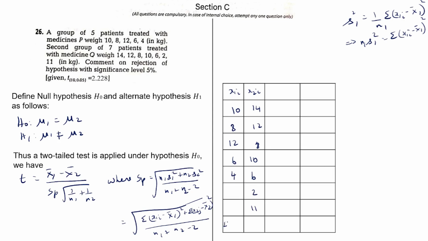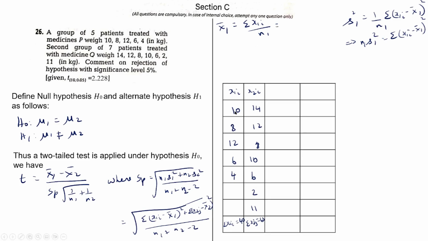So here we have sigma x1i. Now when we add all these, we will get 40, and for sigma x2j, when we add all these, we get 63. As a result, x1 bar is sigma x1i upon n1.